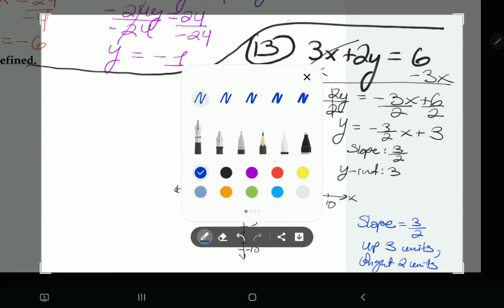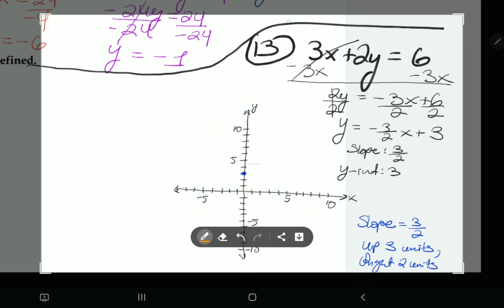Change my color up. I'll put that in orange. So from my y-intercept, I'm going to move up 3 units: 1, 2, 3. And then after that, I'm going to move 2 units to the right. And this is going to be my next point right here.